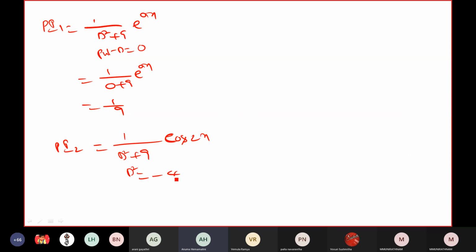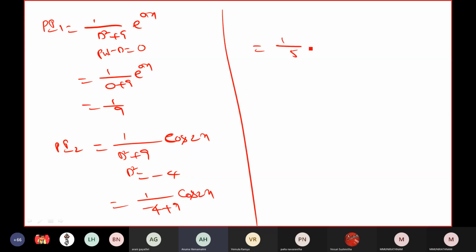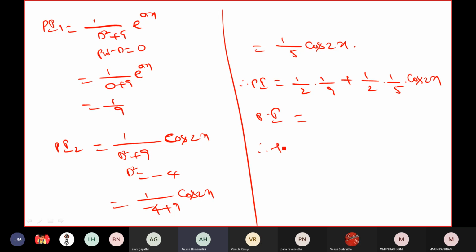So D square place లో -4 పెట్టాలి. So therefore pi is 1/2 into 1/9 plus 1/2 into 1/5 into cos 2x. This is my pi. Therefore the solution is y equal to cf plus pi.